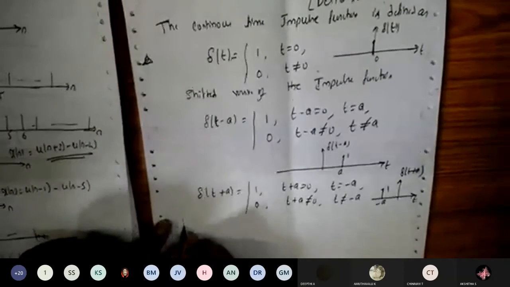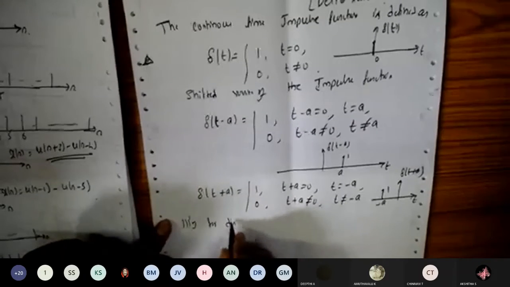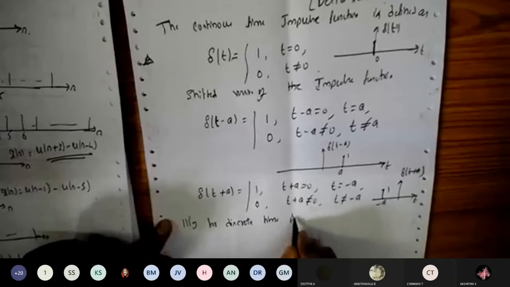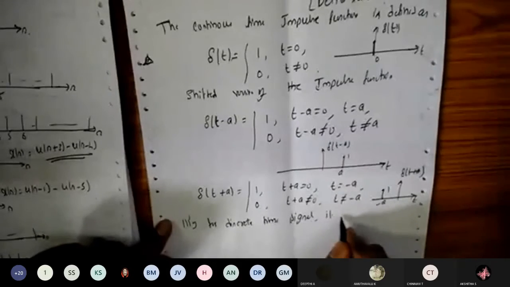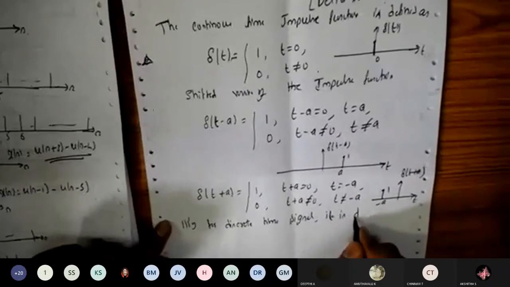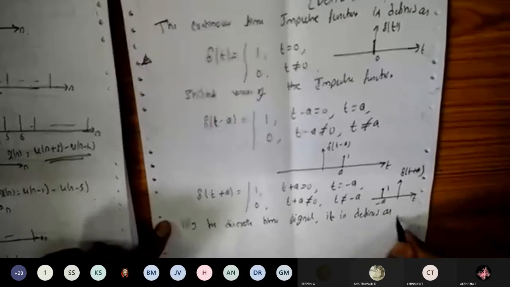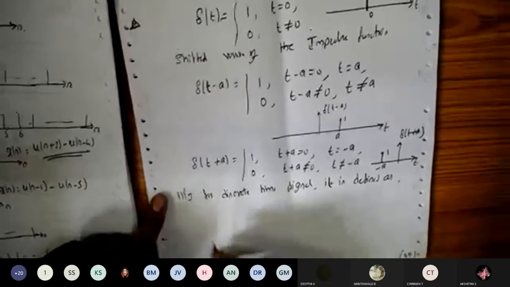Now similarly for the discrete time signal. We can define the unit impulse function for the discrete time signal like this.